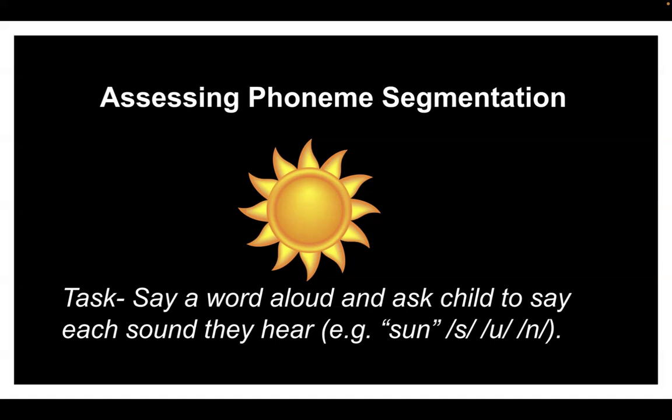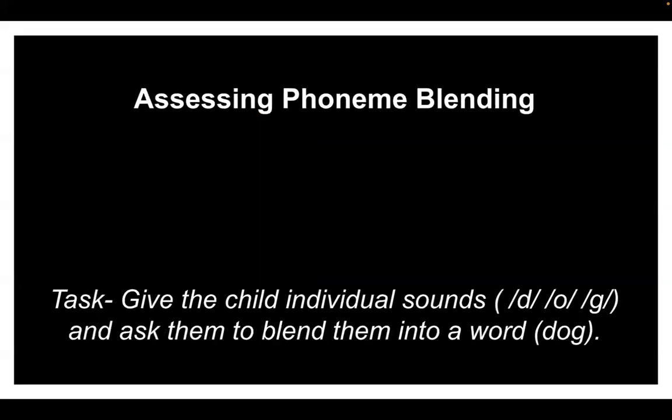If you think back to that umbrella from the prior video, all of these fall under the broader umbrella of phonological awareness, but if it's phonemic awareness, it's dealing with an individual sound, and that's really important that you know that. So here I would say the word aloud, sun, and I would ask the child to say each sound that they hear in that word. So the word is sun, they would say s, u, n, sun, 3 individual phonemes.